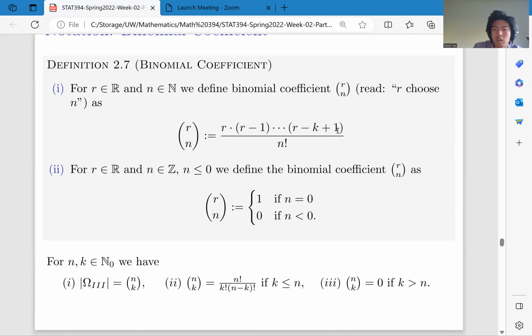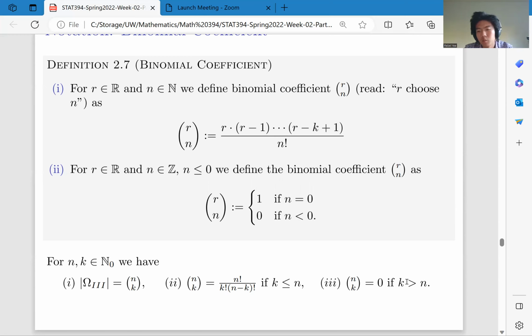Otherwise, in this case N is R and K is N, so it's R minus N plus 1, then R minus N, R minus N minus 1, minus 2, minus 3, minus 4, until it falls to 1.